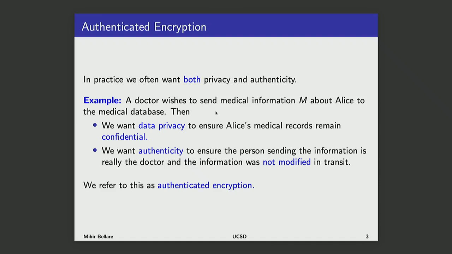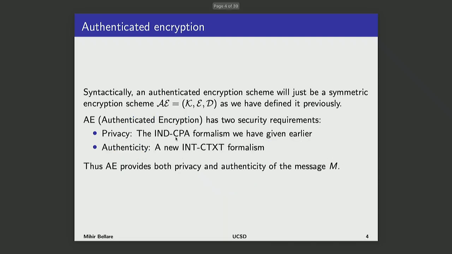So for medical information we want privacy because medical data is sensitive, but we also want authenticity because if data is stored and being changed or modified, then you want to make sure that those changes are authorized and so forth. So just to say you want both properties, and that's called authenticated encryption.